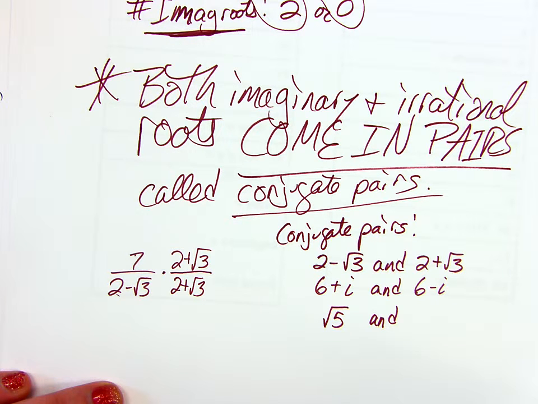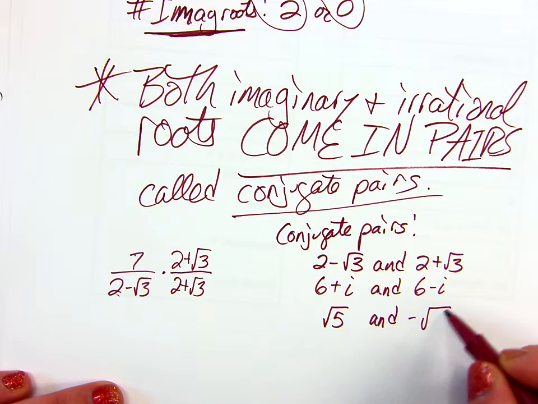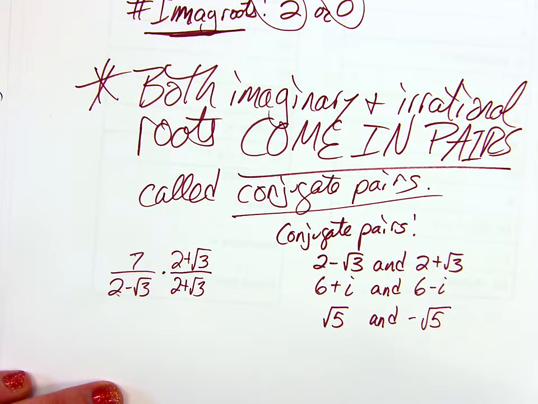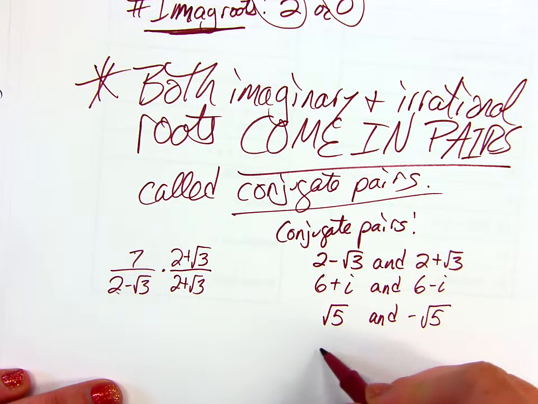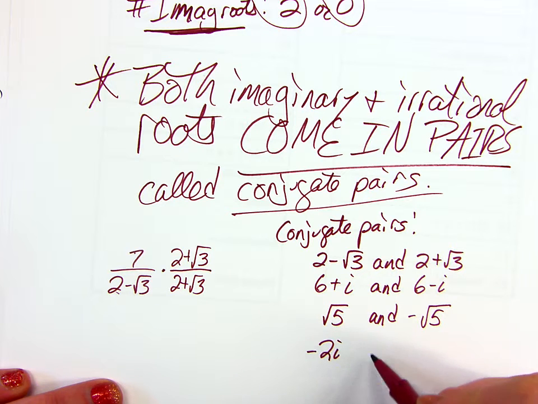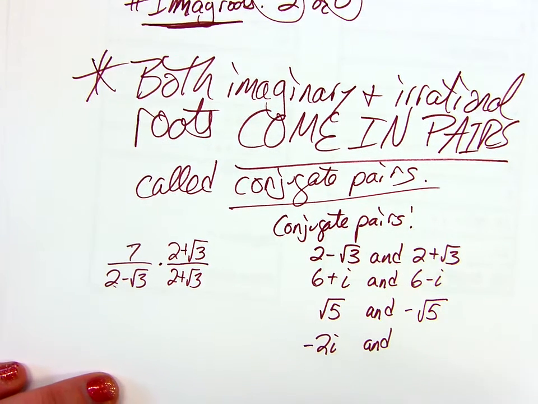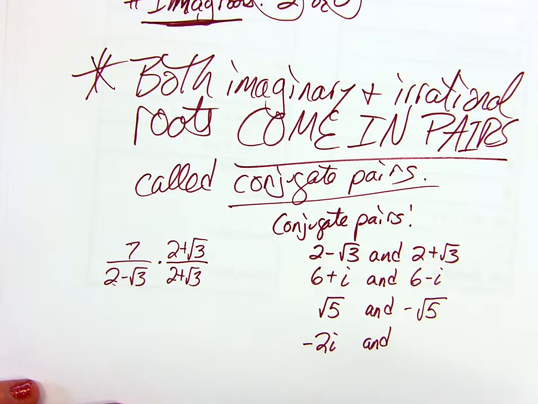What's the pair to this guy? Yeah, that's it. It's just negative square root of 5. That's it. So same thing if I had, like, I don't know, negative 2i. What would its pair be? Positive 2i. That's it. All you're doing is changing the sign.